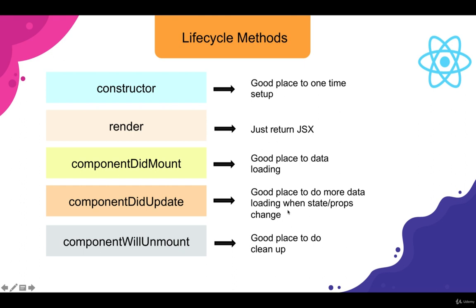So anytime that happens, the componentDidUpdate lifecycle method will be called automatically. And then after that, our component might get another update. If it gets another update, componentDidUpdate will be called a second time or even a third time.